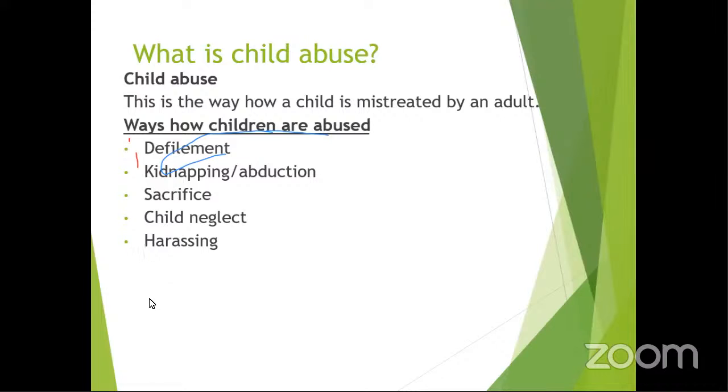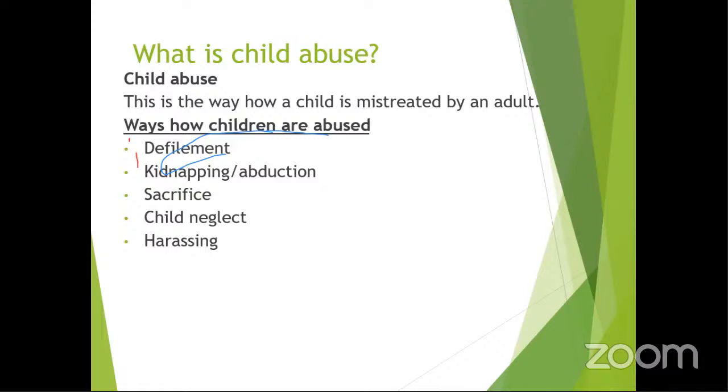Defilement, in simple terms, as a P2 child can say, is when a big man or a big person spoils a young person. Usually, girls are mostly affected by defilement. An old person comes to spoil a young girl by playing sex with that young girl.